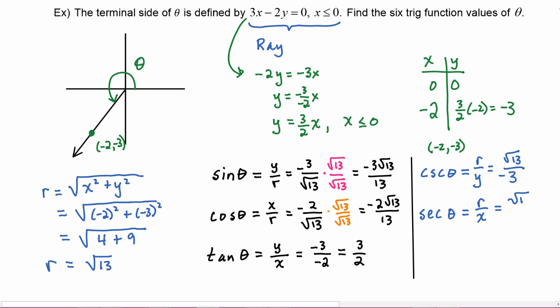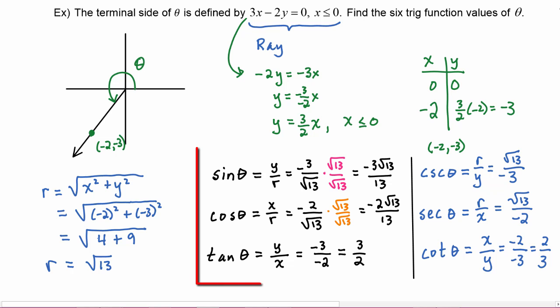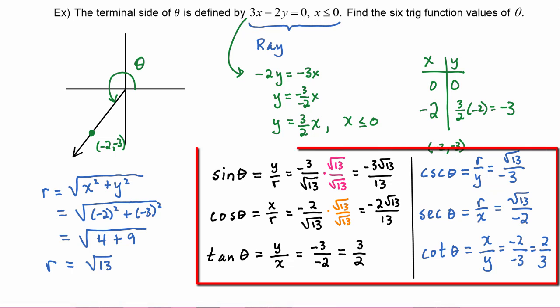So we'll have radical 13 divided by negative 2. And finally, cotangent of theta is equal to x over y. So we're going to get negative 2 over negative 3, which becomes 2/3. So there's our 6 trig function values of theta.